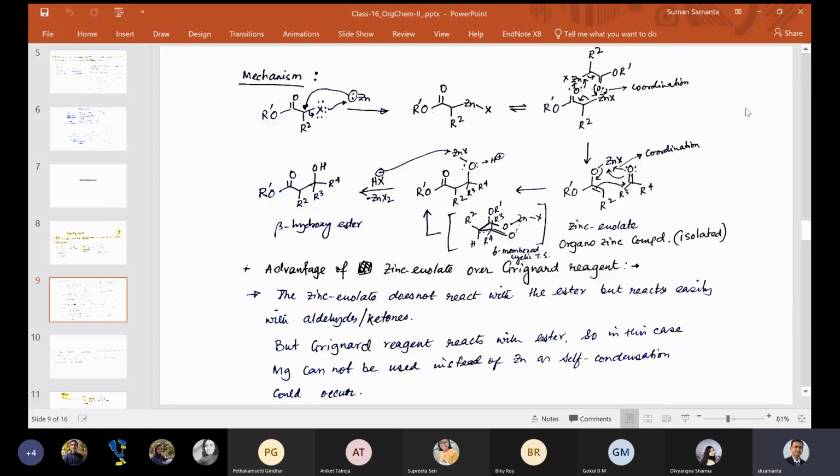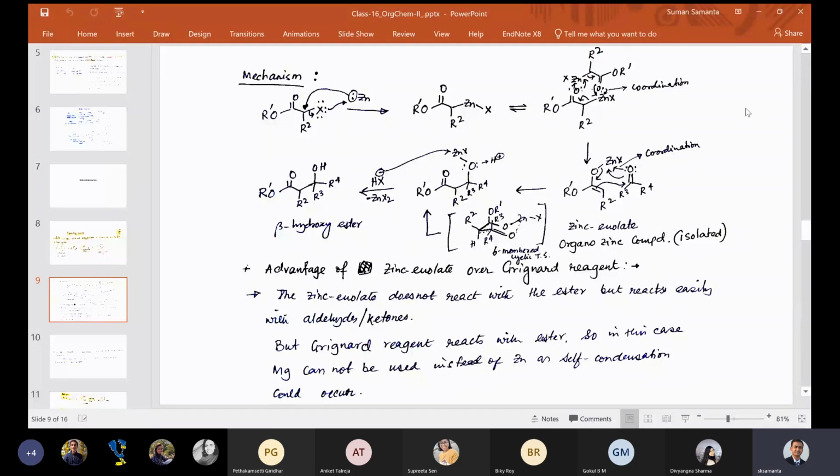If a Grignard reagent reacts with an ester, it first leads to a ketone, and then to a 2 degree or 3 degree alcohol, correct?